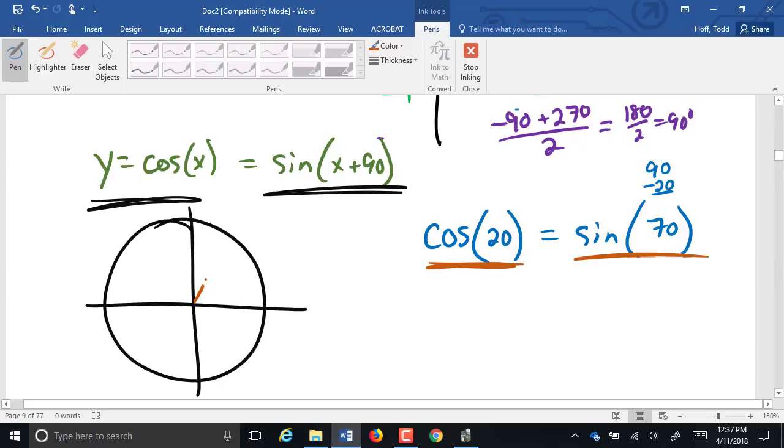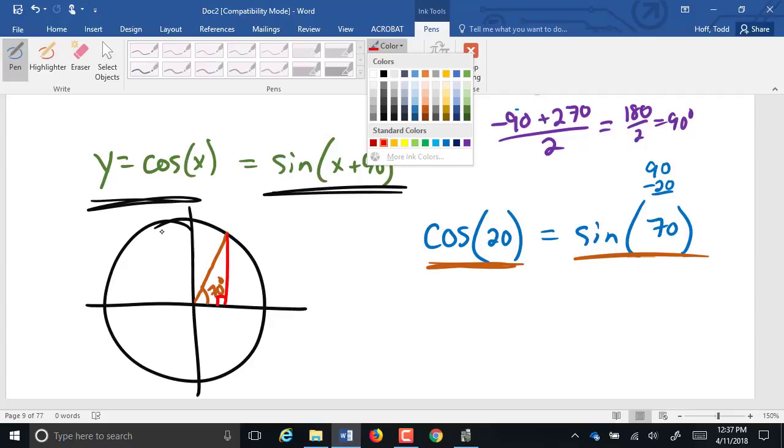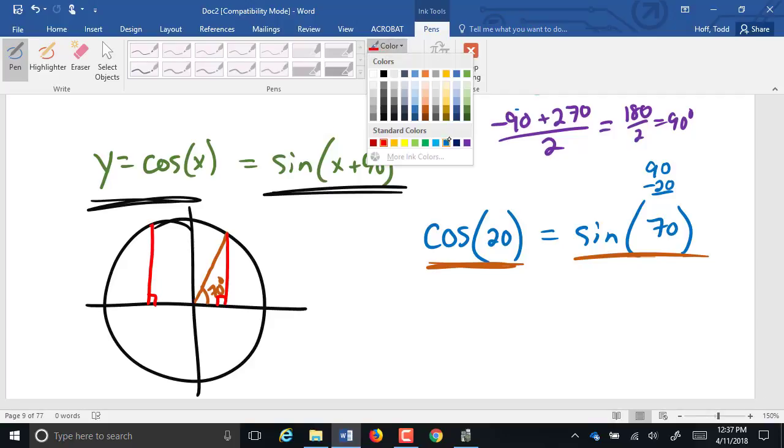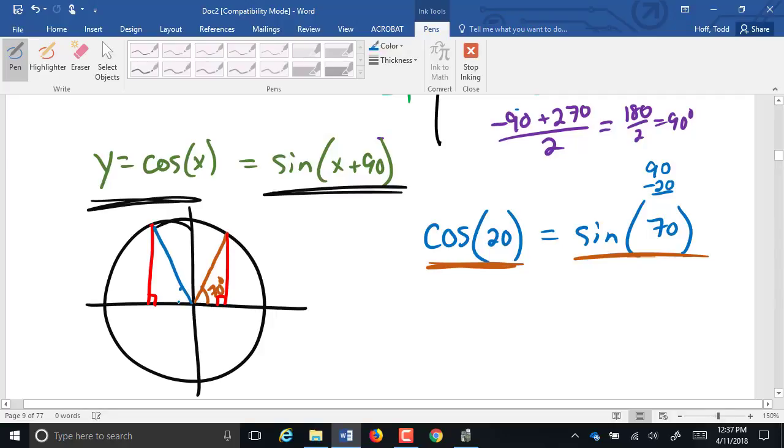But let's look at that sine of 70 degrees here. This is the sine of 70 right here, right? There's another spot that has that same sine over here. That's going to have a reference angle of 70. It's the supplement of 70, right?